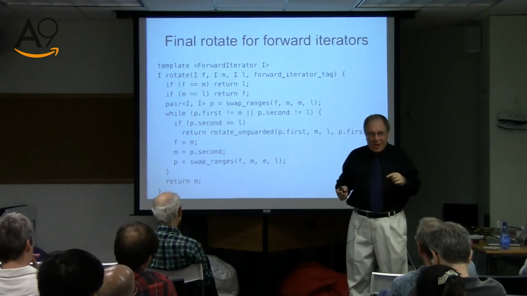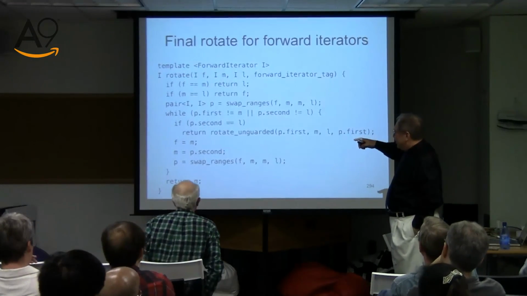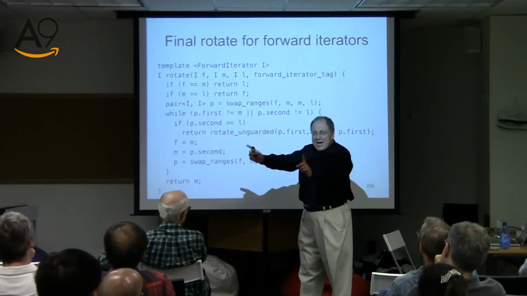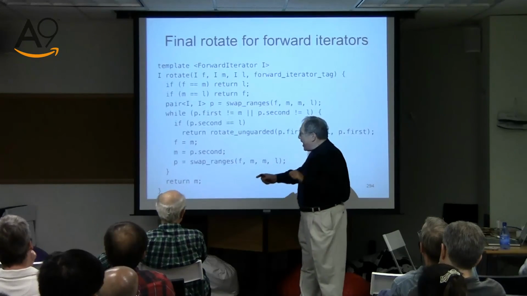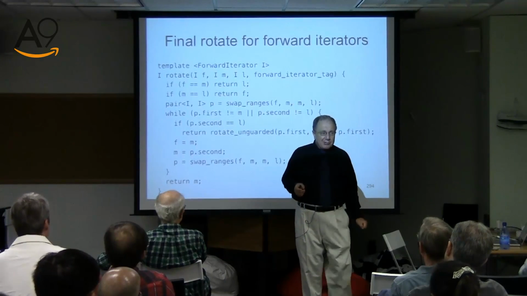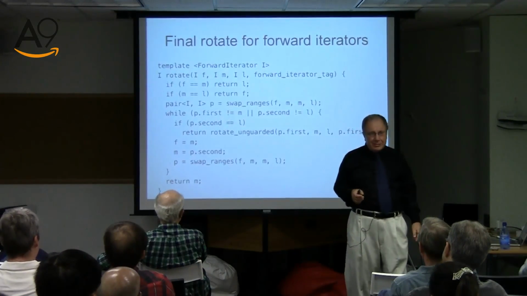Remember in our example, the distance of the middle from F was 2, and then it moved to the guy whose distance from L backwards was 2. So I organize a loop where I keep going till I find such a place. Then I call rotate unguarded and give what I found to this guy to finish up the work.